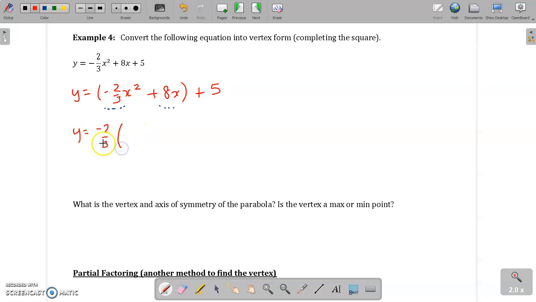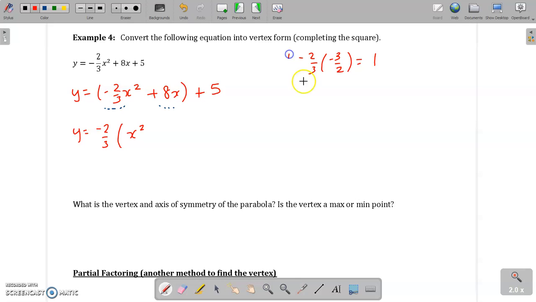So what it means by factoring, basically what you've done is you've divided both by this term, or multiplied by the reciprocal. So for example, if I had -2/3 and I multiplied it by the reciprocal, that's how I'm left with 1 here. That's how I have the x squared.